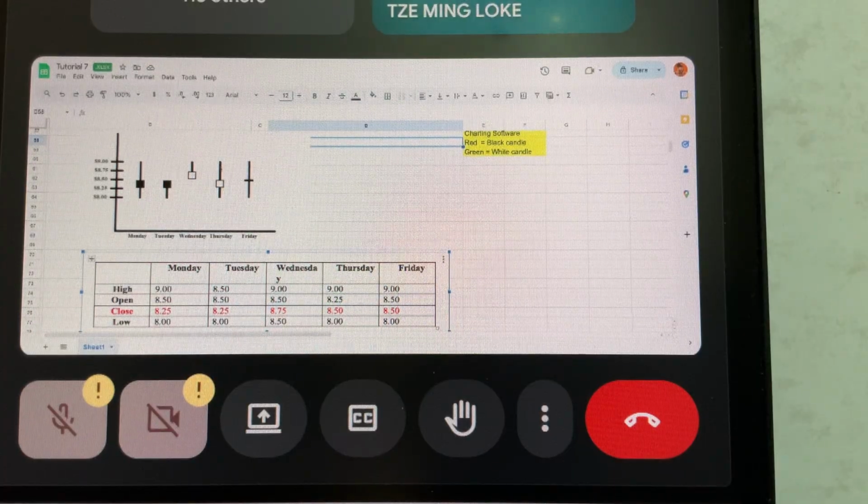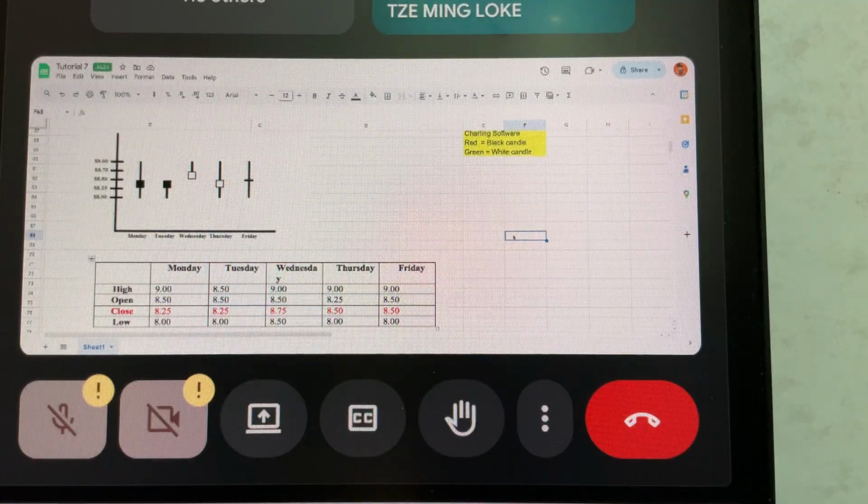Then on Thursday, highest is 9, lowest is 8. Because it's a white candle, the opening is 825, closing is 850. Friday is just one dash, in other words opening and closing are the same price, 850, and the highest was 9, lowest was 8. So it's pretty easy.